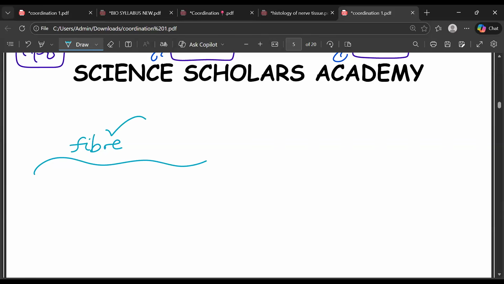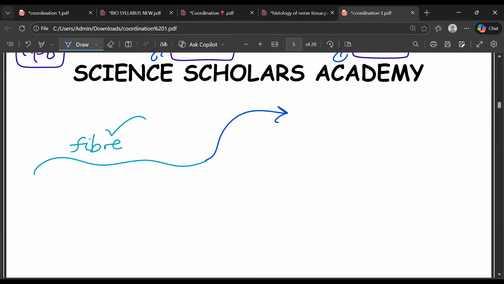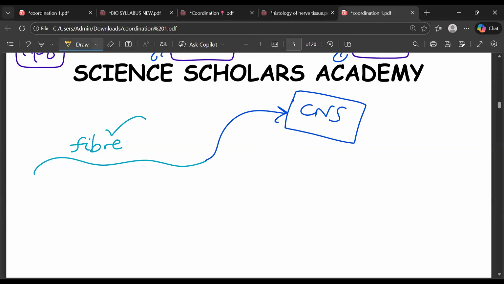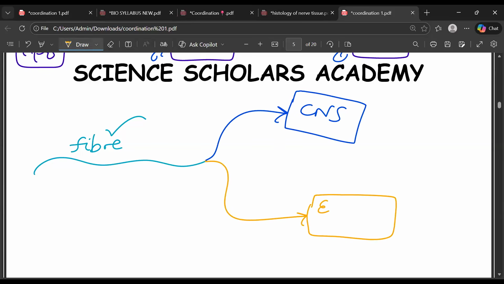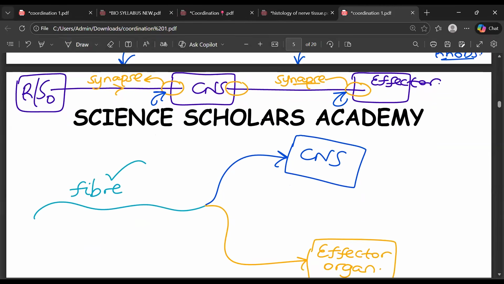And then you find out that this fiber now wants to enter the CNS. Maybe that is the sensory. And then you also find out that this fiber maybe now wants to enter the effector organ. Those are the things that they usually enter. The other thing I want you to understand as a biology student of A level is that this synapse thing is all about entering.